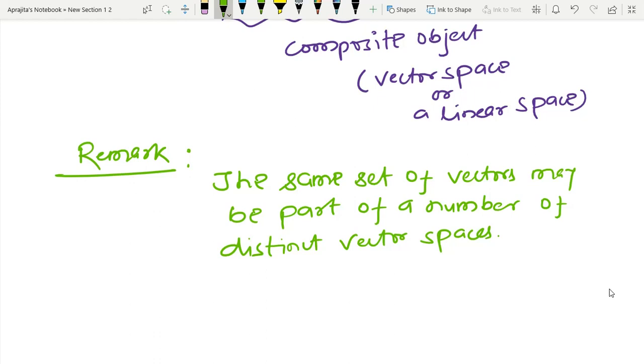It means that using the same set of vectors, I can define different vector spaces.